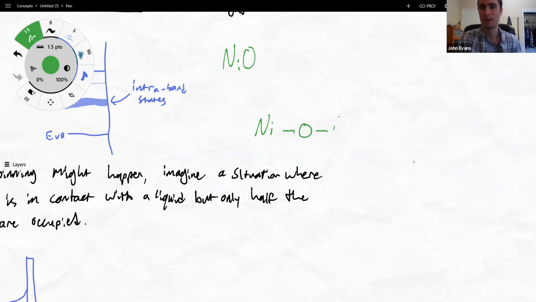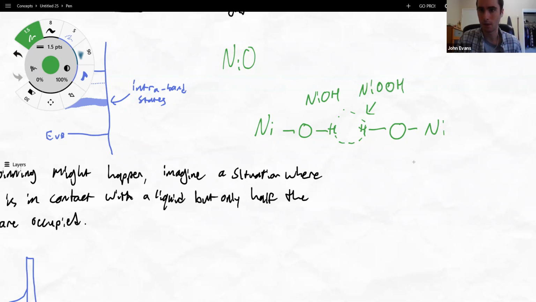And then there's nothing. And then there's another oxygen and another nickel. So you get these nickel vacancies, right? And then these nickel vacancies lead to these oxygen dangling bonds over here, which cause things to rearrange. Usually you add protons and stuff over here. Sometimes you'll get some nickel hydroxide. Sometimes you'll even get nickel oxyhydroxide if it binds to water.